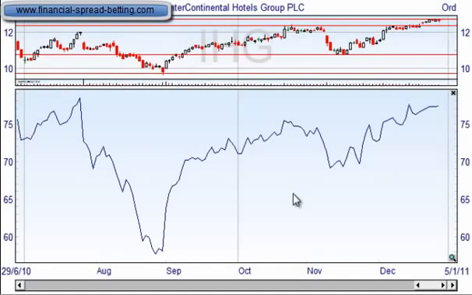The difference in the movement between the indicator and the share price can basically be used to look for changes in price movement and price direction. So for instance, if we started to see the accumulation and distribution start to move down, we would then look towards a bearish move within the actual security itself.